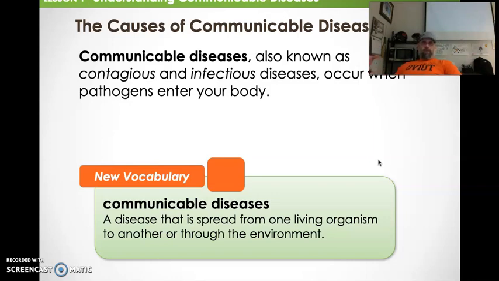Some say it might have come from a wet market in Wuhan. Some say it might have been developed from other viruses and genetically altered in a lab. If it were developed from a bat, like they say, that's a living organism that's transferred to a human, and then transferred from one human to the next. So, living organism to living organism, or the environment.